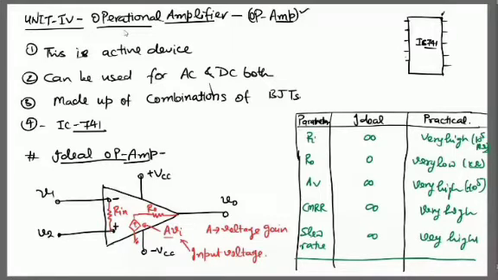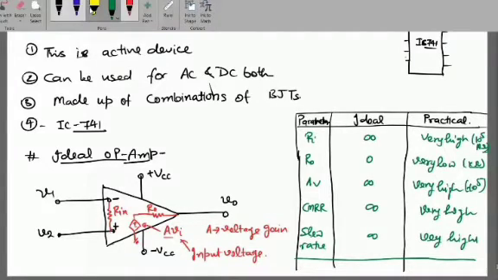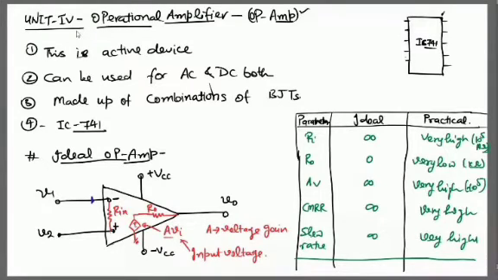This Ri has the value infinity or very high. So how much current will be going through this terminal? Tell me the value of this current. Zero. Yes. So always keep this point in your brain.